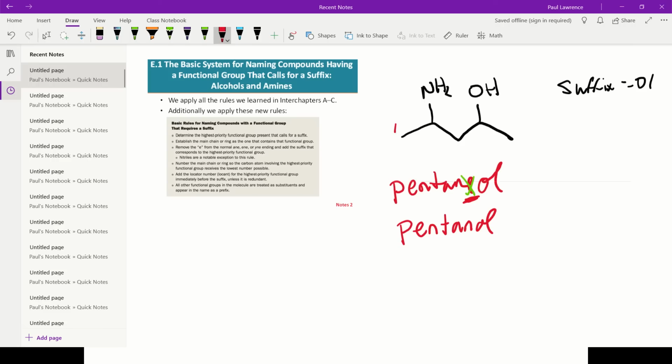So we could number it 1, 2, 3, 4, 5. And we see the highest priority functional group is a number 4. Or we could have numbered it this way, 1, 2, 3, 4, 5. And clearly the blue numbers win because it gives us the highest priority functional group with the lowest number of 2.